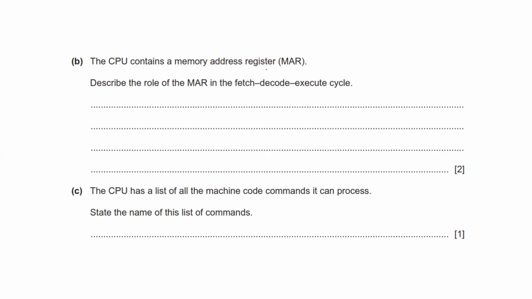It fetches the information from a certain register, then decodes it, then executes it and stores it in memory or loads it, depending on the nature. So the MAR is the register that stores the address from which the data will be fetched, from which we are going to start the execution of our instructions.